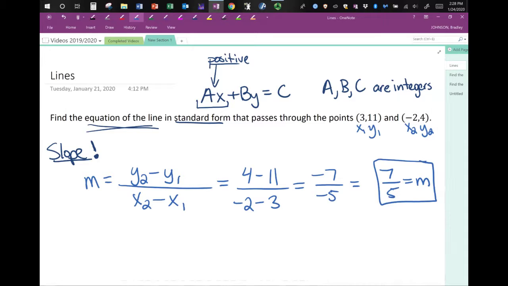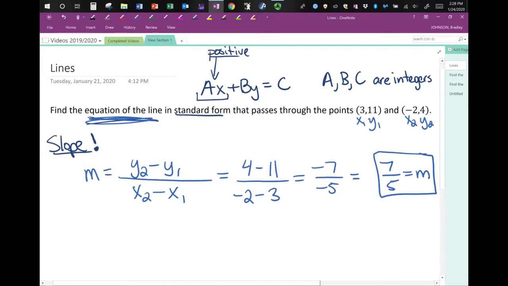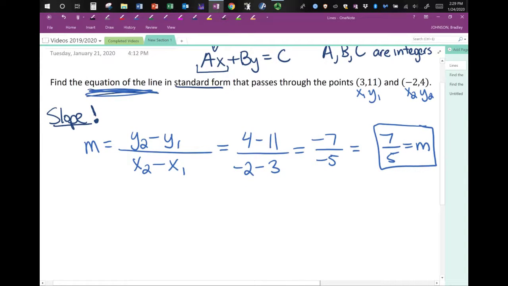Now we need to make the equation of the line. And there's really 2 methods that you could use. You can use what's known as slope-intercept form, where m is your slope, which we found, and this b value relates to the y-intercept. It is the ordered pair (0, b).